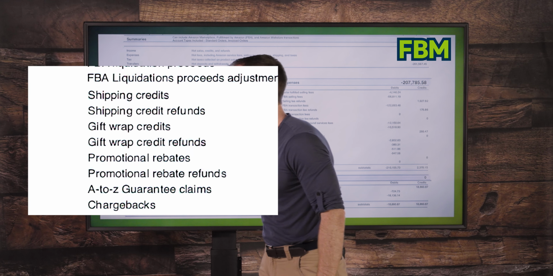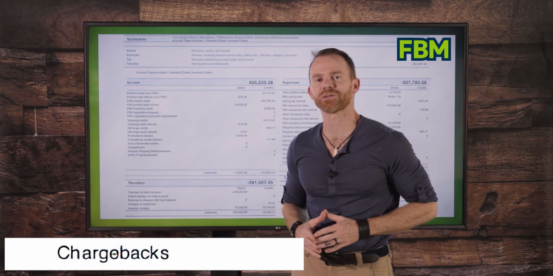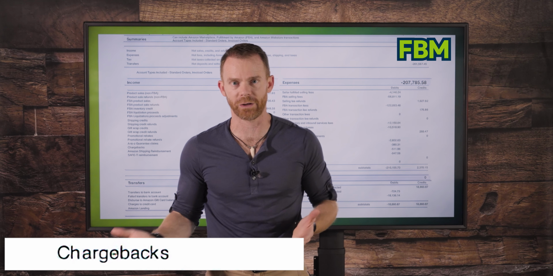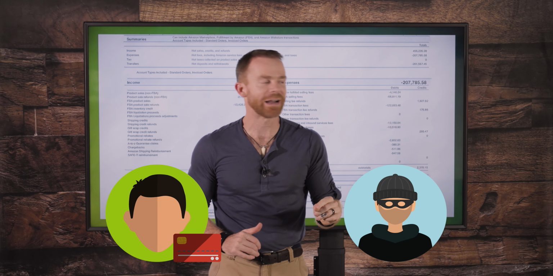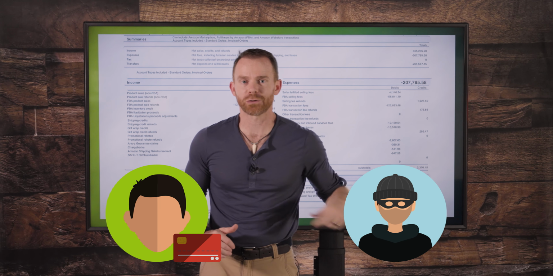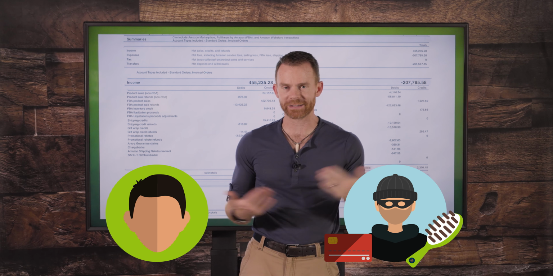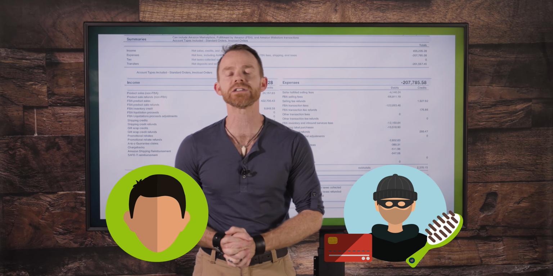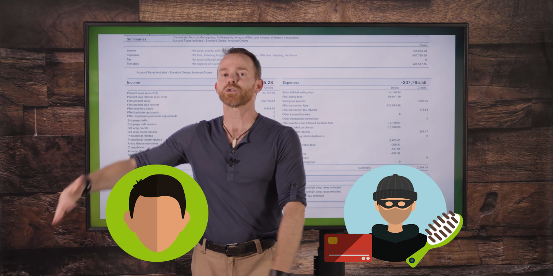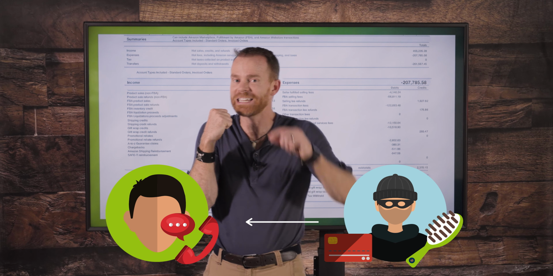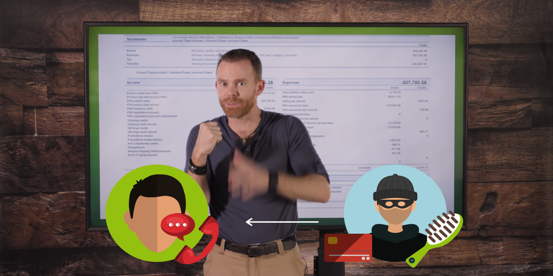The next one is called chargebacks. Again, this is for FBM sellers only, fulfilled by merchant. Let's say his credit card is stolen by someone named Roger. And so Roger takes the card, he buys a hairbrush, because all these people are into hairbrushes, and Bobby McGee realizes there is an illegal charge on my card. So he calls his credit card company and he does what is called a dispute. He disputes the claim.